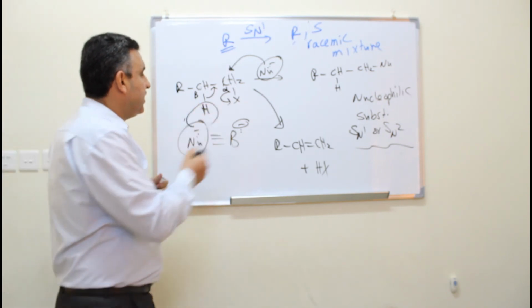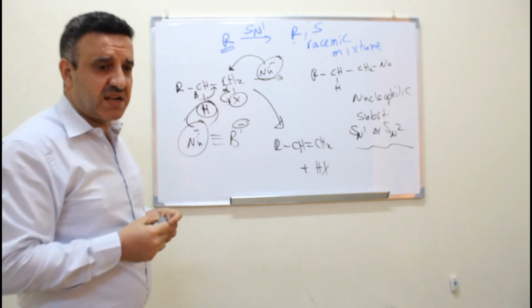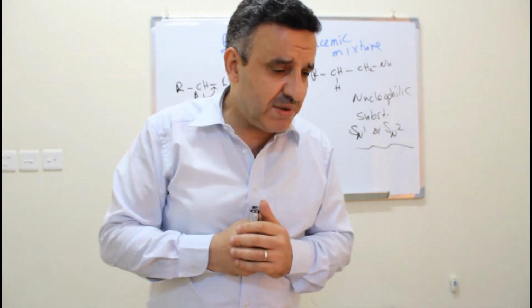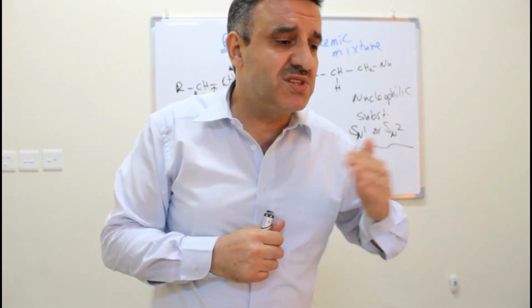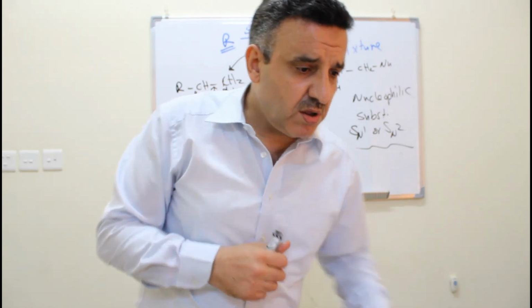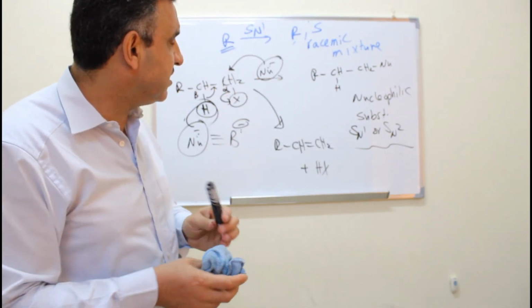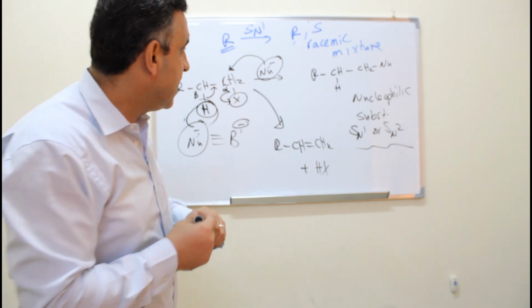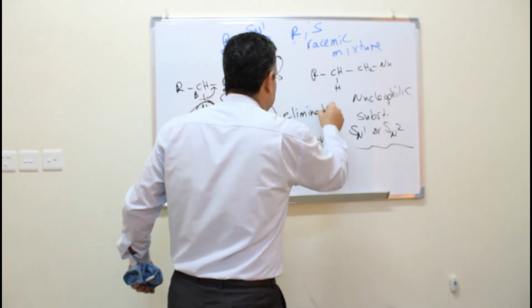So always we need a halogen from one carbon and a hydrogen from another carbon in order for the elimination to take place. This reaction is always possible, and we will always take this into consideration. So this is called elimination product or elimination reaction.